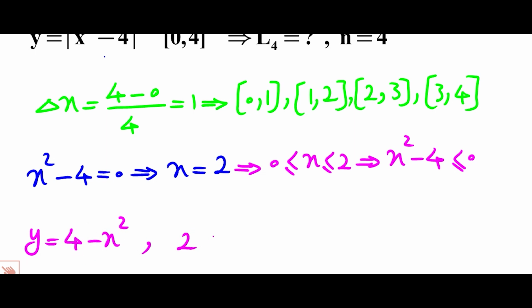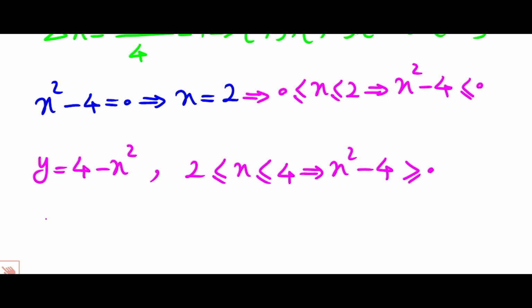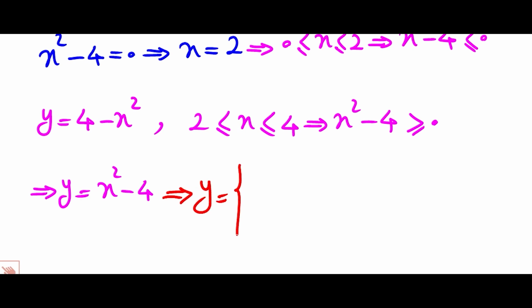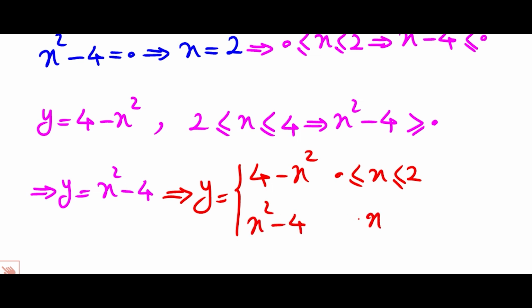Between 2 and 4, x squared minus 4 is positive, so the function is y equals x squared minus 4. It's increasing, right? So we have y equals 4 minus x squared if x is between 0 and 2, and x squared minus 4 if x is between 2 and 4.